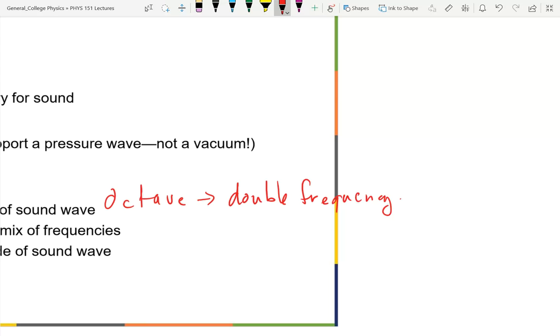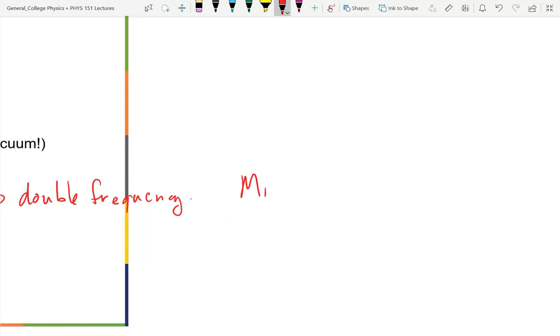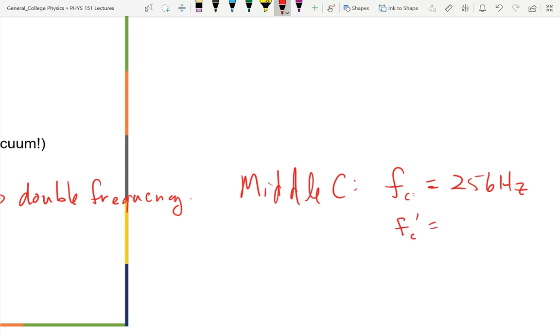So if middle C, frequency of C, I don't know if it's C1 or not, so I'm just going to put C, is 256 hertz, then what is the frequency of an octave above middle C? 512. 512 hertz.